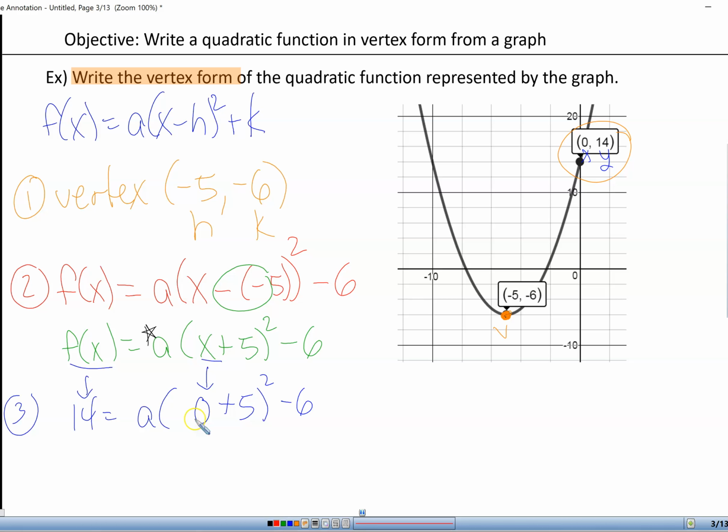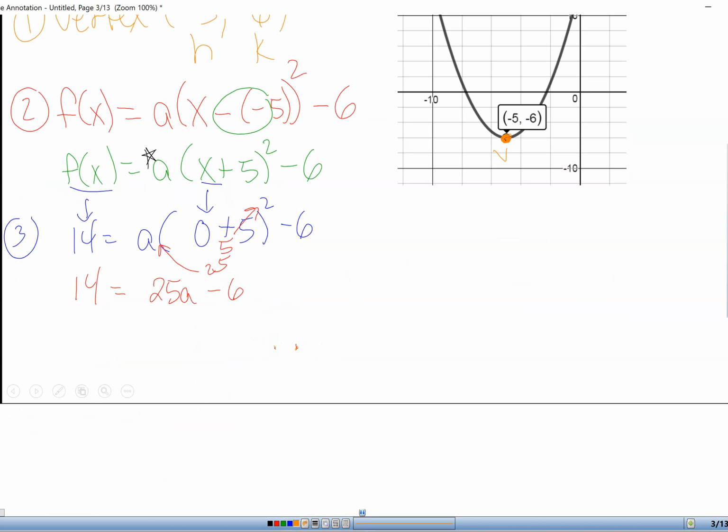So we start by, on the right hand side of this, using our order of operations to do the math. So the 0 plus 5 would become 5. That 5 is squared, so that's 25. That 25 is times a. So now what you have is 14 equals 25a minus 6. Now you have a simple little algebra equation that you continue using your undoing algebra to solve for a.